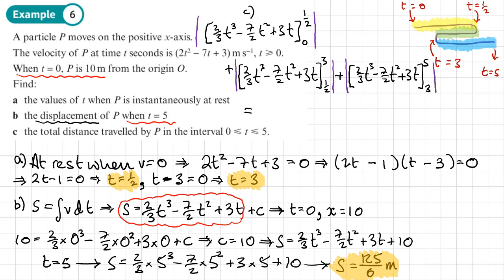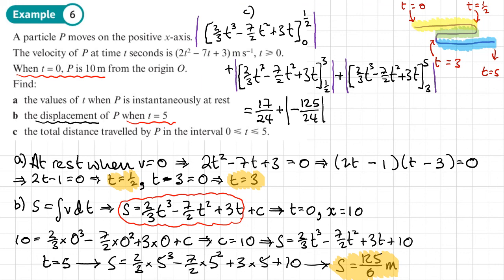Let's work out each one of those parts and see what we get for our final answer. Right, so for the first one, between 0 and a half, doing it on a calculator, we're going to get 17 over 24. And that gives us a positive anyway. For the second one, between a half and 3, we actually get negative 125 over 24. So we're going to put the plus, and then it's the modulus, the positive of 125 over 24.